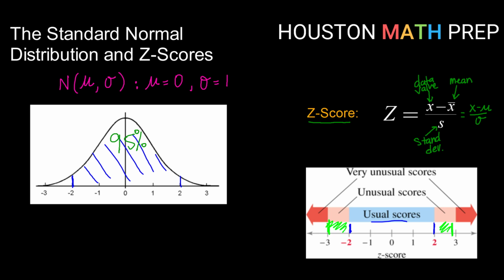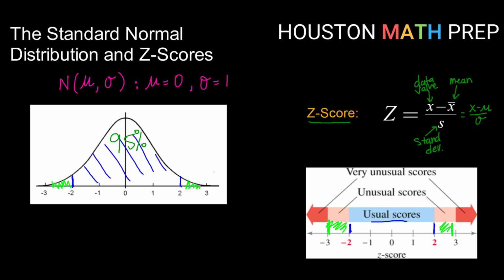Okay, so when we start to get data values hanging out in this region, they're still not crazy unusual, but things that are that far away from the mean are not really your usual data value. Anything that falls outside of that window, outside of that 99.7% of our data should fall in here, or something that has a z-score of above 3 and below -3, we would consider those very unusual.